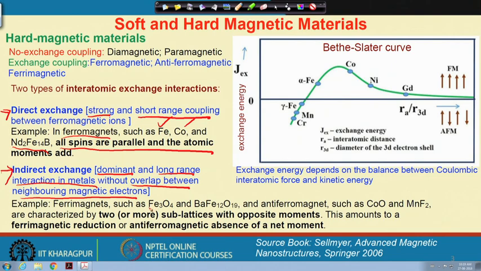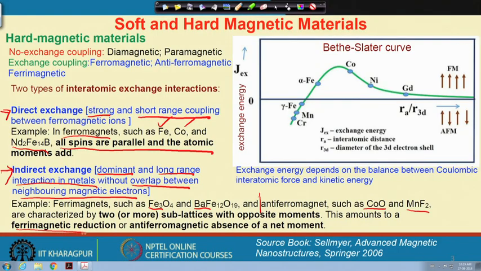Okay. Like in a ferrimagnet where I have iron with two different types of ions, for example barium ferrite, and also anti-ferromagnetic materials such as cobalt oxide or manganese fluoride. They are characterized by two different sublattices with opposite moments.